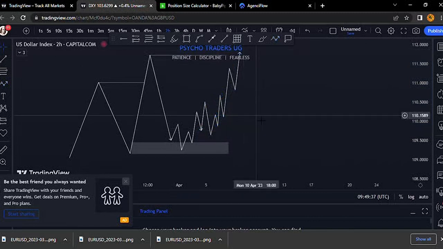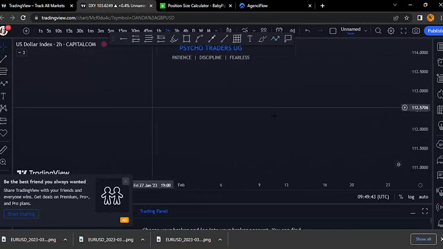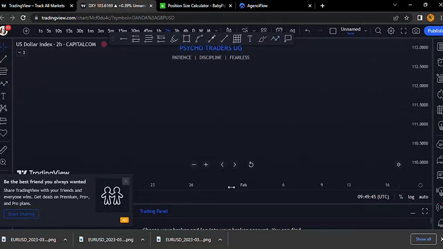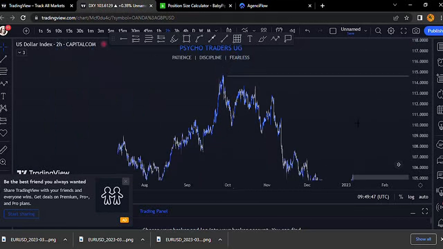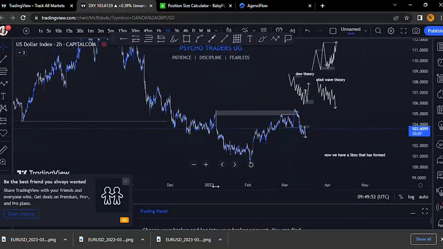In order to use the two theories, you have to merge both of them together. When you are looking for the long biases, this is what we do. We first look at the Dow theory because it's what first plays out in the market.